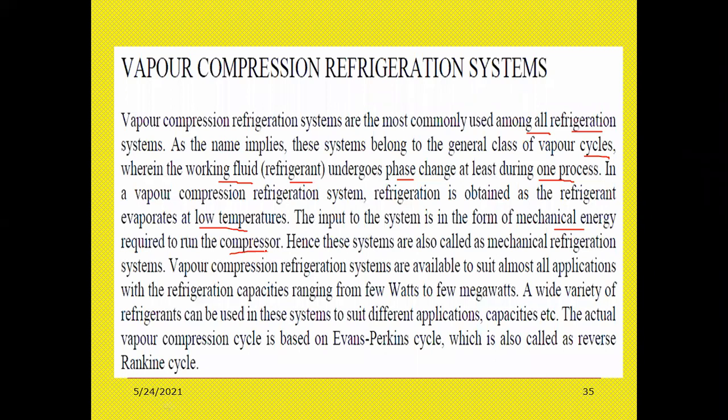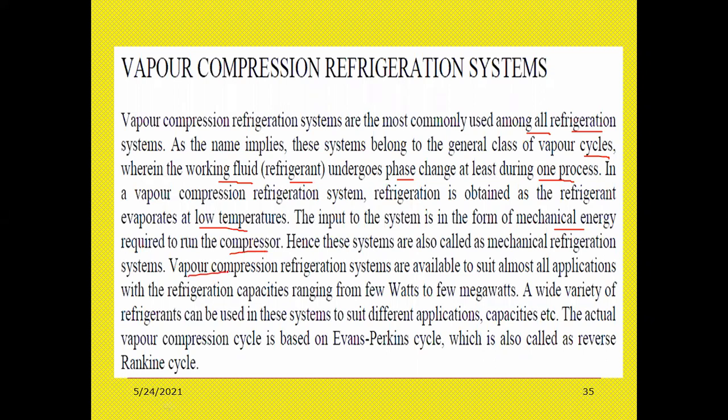It is run by the use of current, with the help of mechanical energy. So the systems are also called mechanical refrigeration systems, since we are using the compressor as a mechanical device.